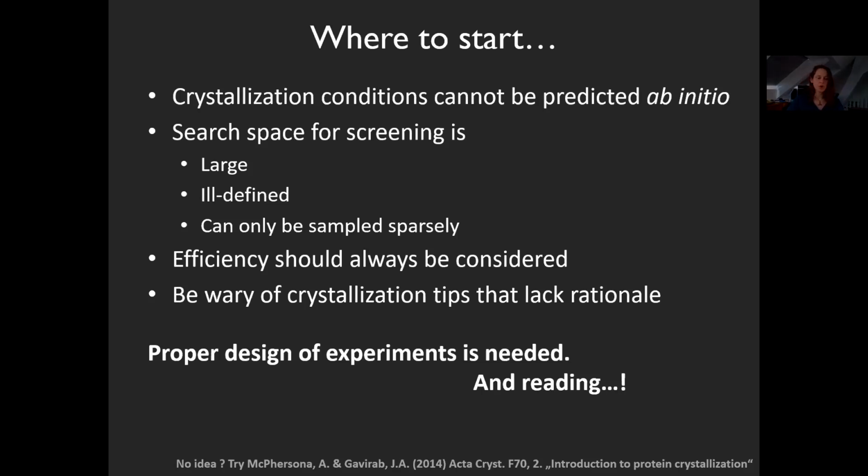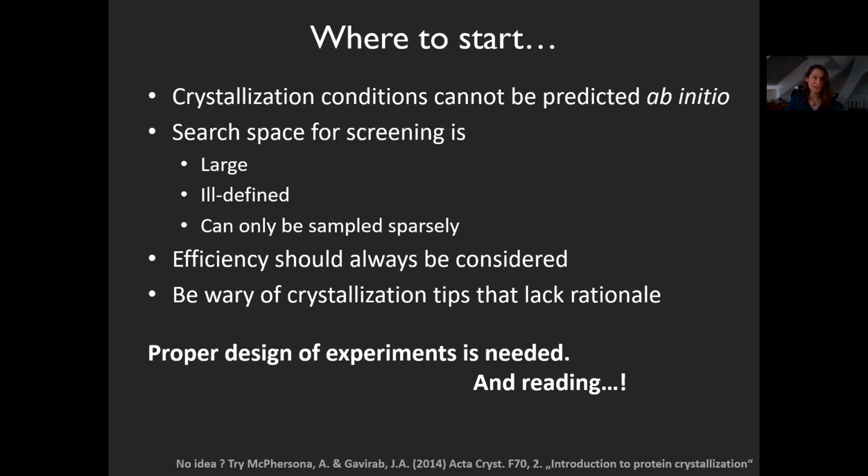Efficiency should always be considered when doing crystallization. Wishful thinking is really not good here. You need to be efficient. And that sometimes means you have to go back and change your construct. You also should be wary of crystallization tips that lack rationale. So if you don't understand why you should use a dog whisker or a cat whisker or PEG 400 instead of PEG 800, but the postdoc said so, ask why.